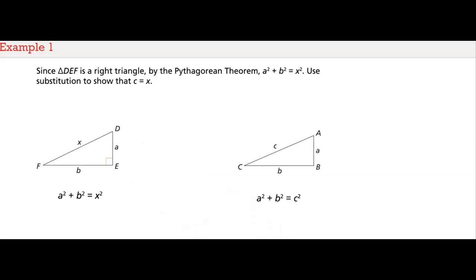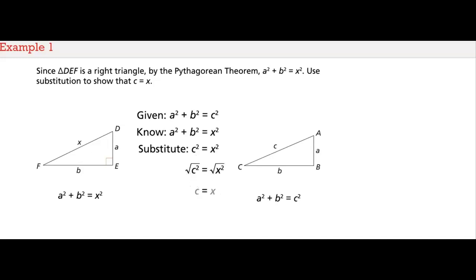We can use substitution to show that C equals X. We are given that A squared plus B squared equals C squared. And we know that A squared plus B squared equals X squared. By substitution, C squared must equal X squared. If we take the square roots of both sides, then it also must be true that C equals X.